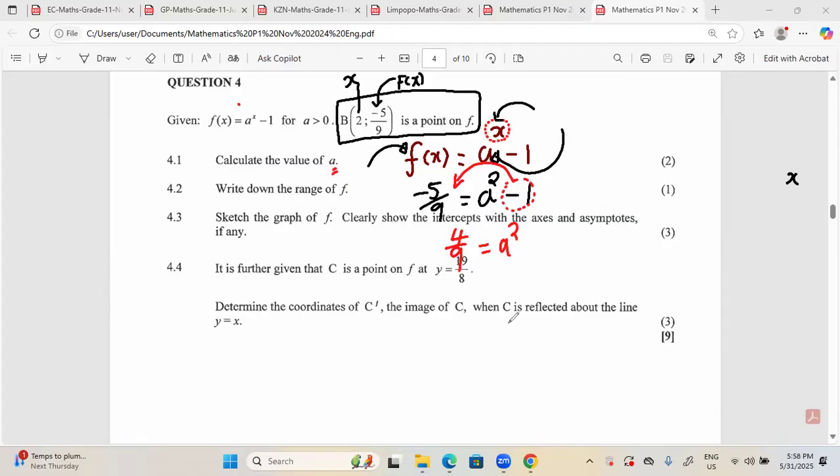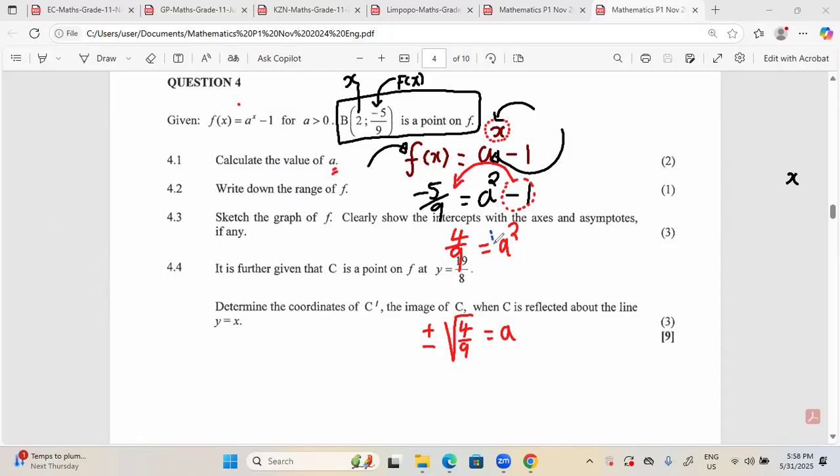Now what you do, you put the square root both sides. You're going to say the square root of 4 over 9, but you must say plus or minus. Every time you put the square root, it's compulsory to say plus or minus, equals a. What have I done, guys? I have put the square root both sides.